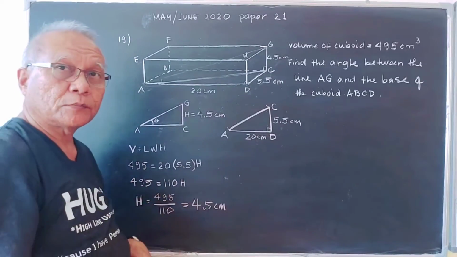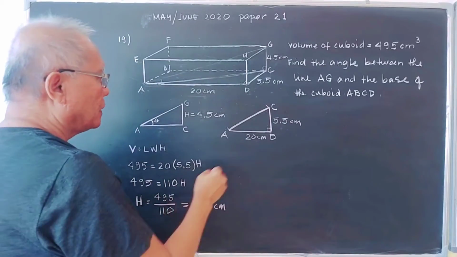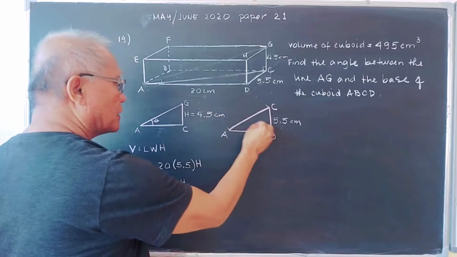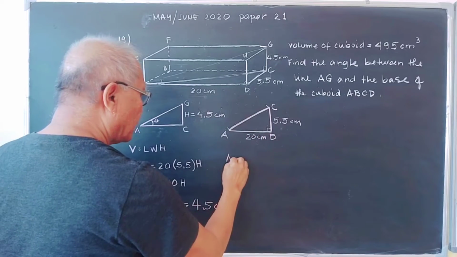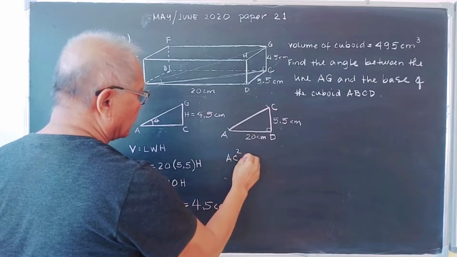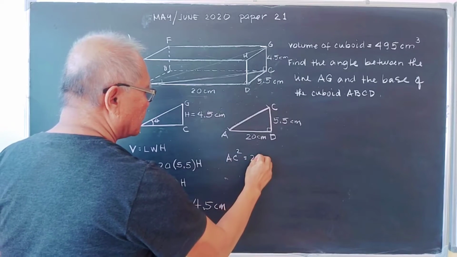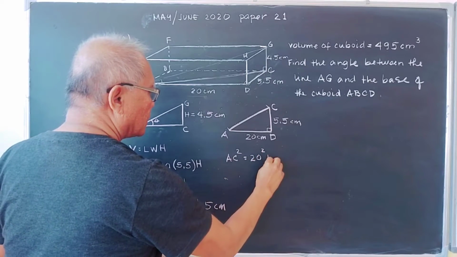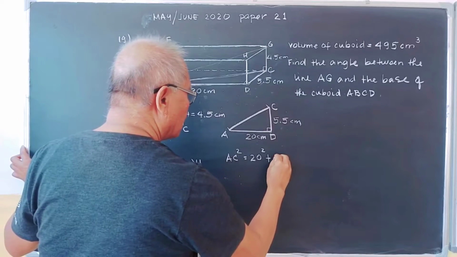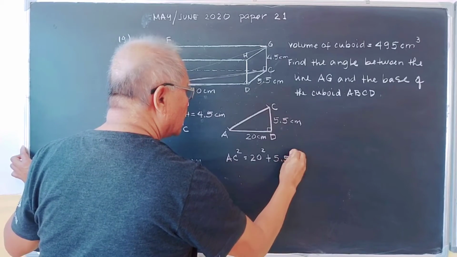So we can use the Pythagorean theorem. So let's have the AC. This one is the hypotenuse. So we have AC squared is equal to 20 squared plus 5.5 squared.